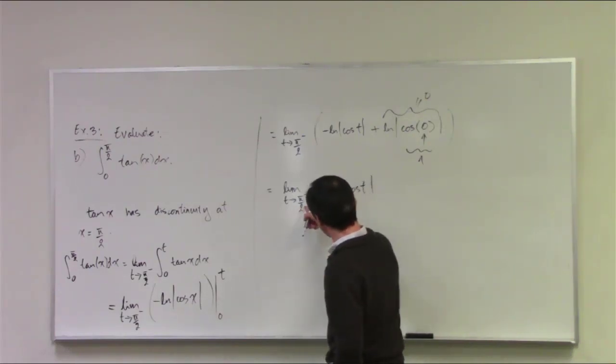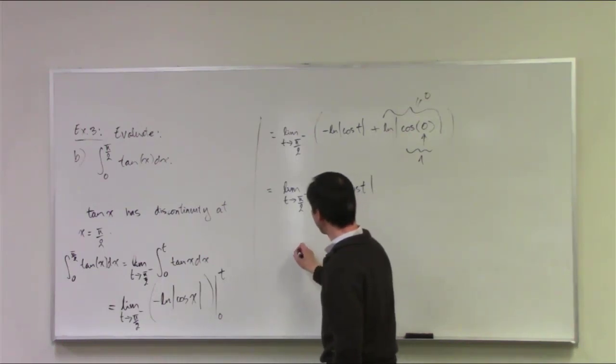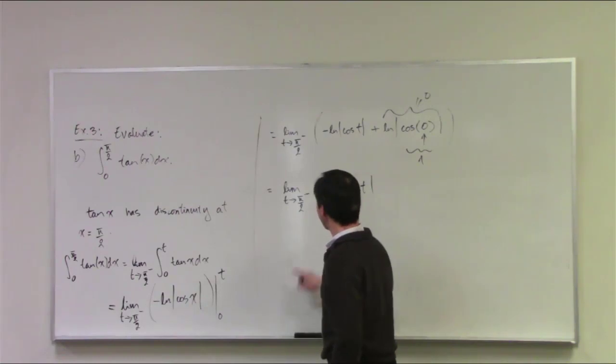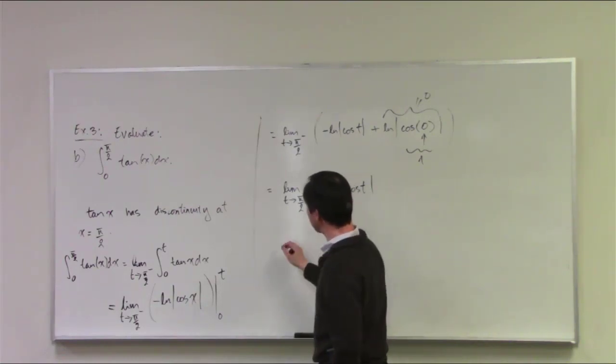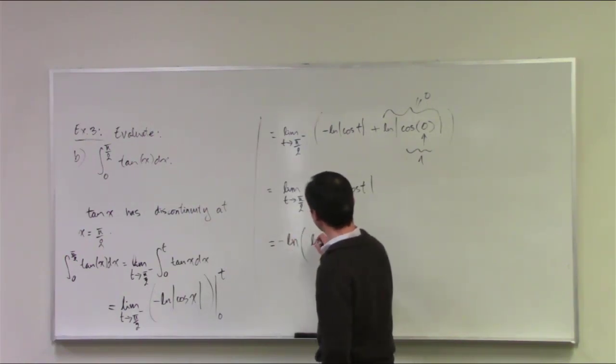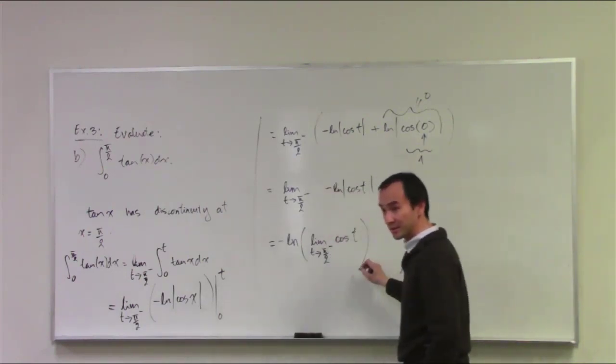When t gets close to pi over 2 from the left-hand side, the logarithm itself is a continuous function. And so for that reason, we can take minus the logarithm of the limit of cosine of t as t gets close to pi over 2 from the left-hand side. See what I'm saying now?